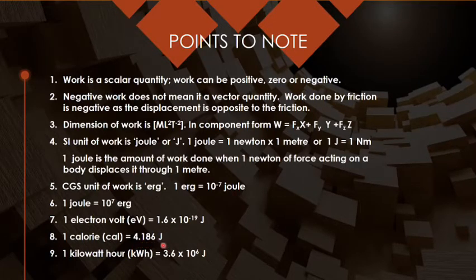If these units are sometimes used in numericals, you should be able to convert them into joules, because we always have to work in the SI system of units. Similarly, 1 kilowatt hour is equal to 3.6 into 10 to the power 6 joule. So these values you can note, so that whenever required you can use them comfortably.